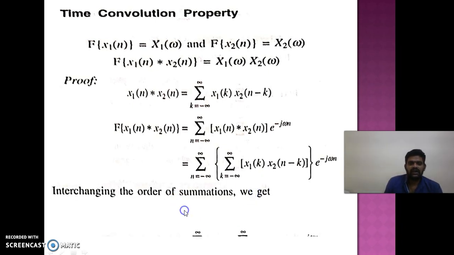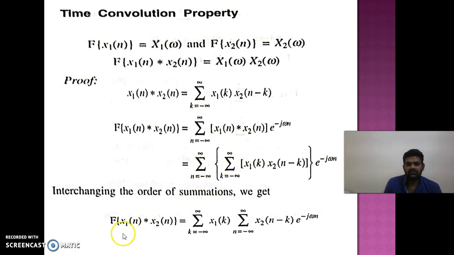Next, interchanging the order of summation, with k from minus infinity to plus infinity, I am letting the sum over k stay outside: x1 of k times the sum over n from minus infinity to plus infinity of x2 of n minus k times e power minus j n omega.